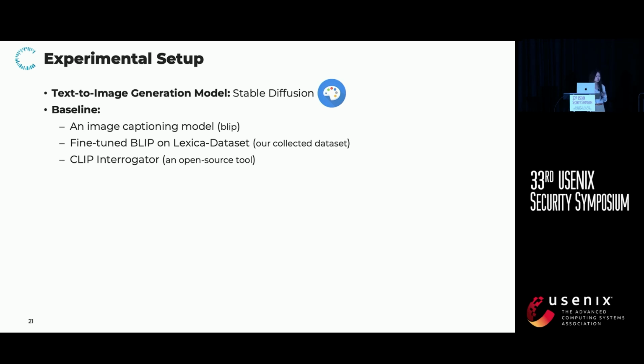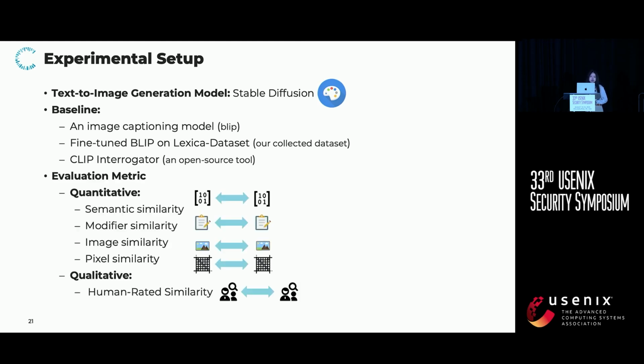You need to measure the art styles. It's very hard. So we try our best to provide an evaluation as comprehensive as possible. We use 5 quantitative metrics and 1 qualitative metric across the semantic, modifier, image, and pixel level similarity, and also have some human effort to annotate the quality of the image.